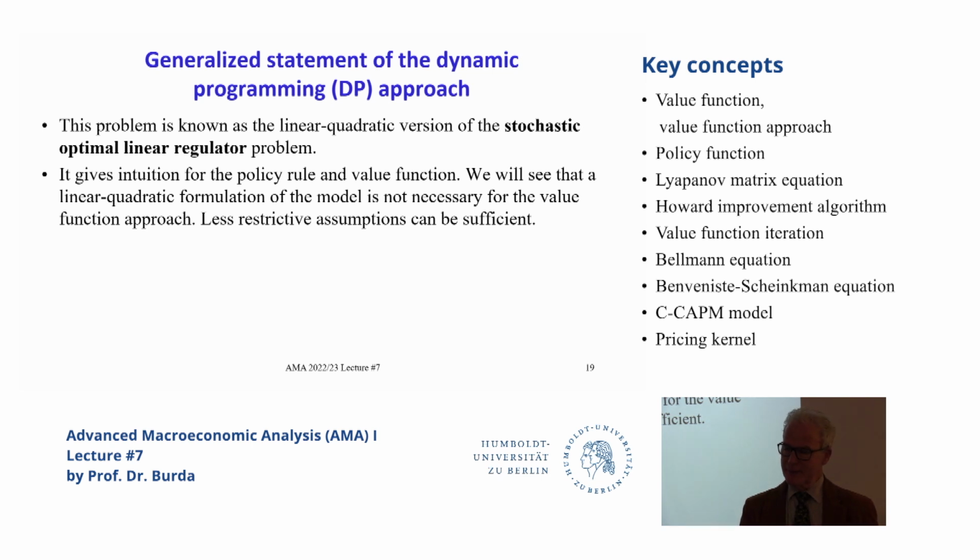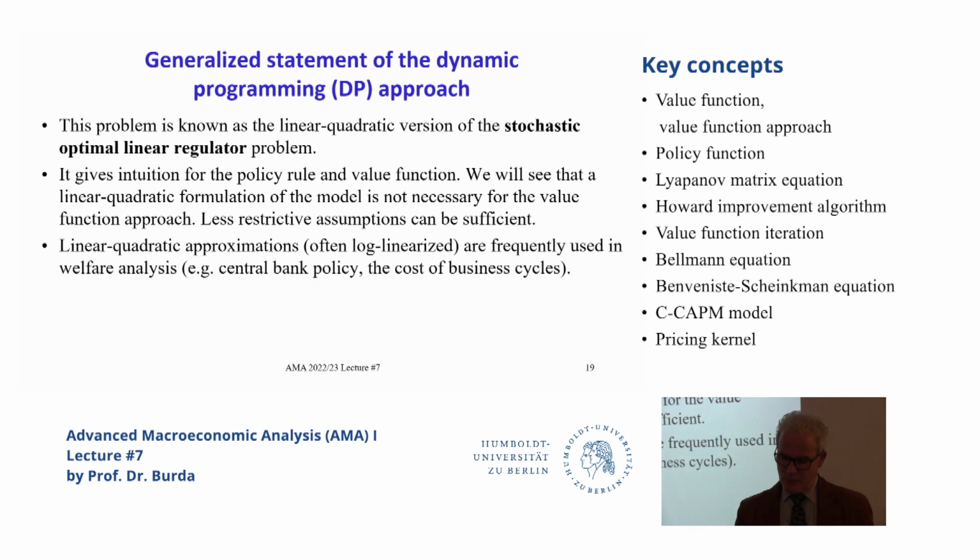It implies a value function because the policy is optimal behavior. The value function is the optimized value of the problem you're trying to solve, the maximization problem. And given the putative form of the value function, we can actually derive the policy function from that, depending on the state, right?